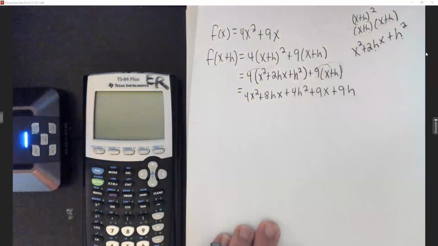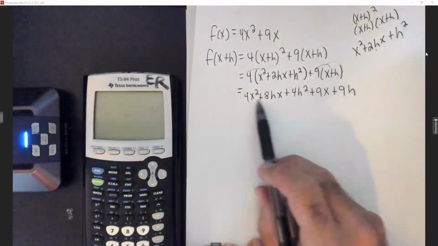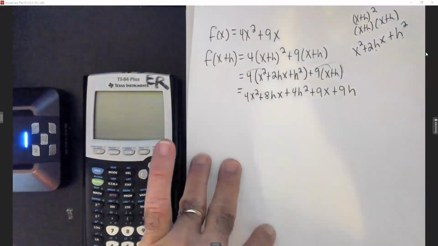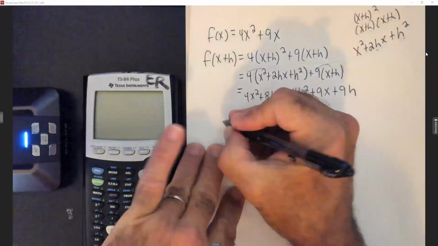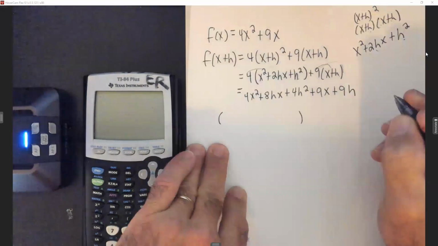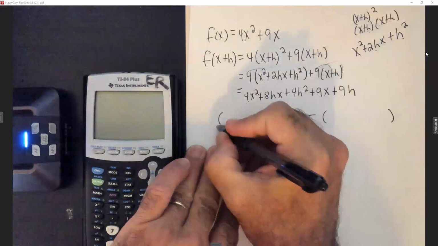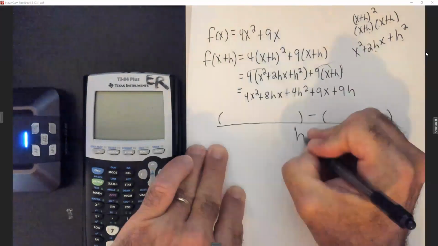And guess what? None of these are like terms, so this is all f of x plus h. So your formula was f of x plus h minus f of x, all that divided by h. So we put this in for the f of x plus h.